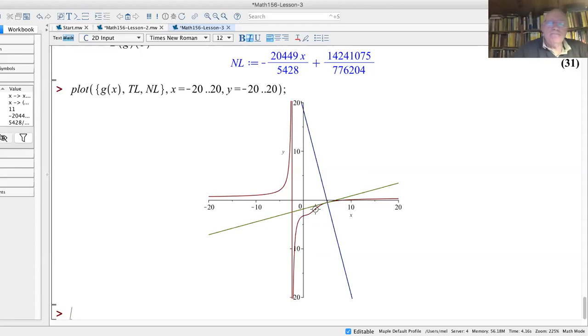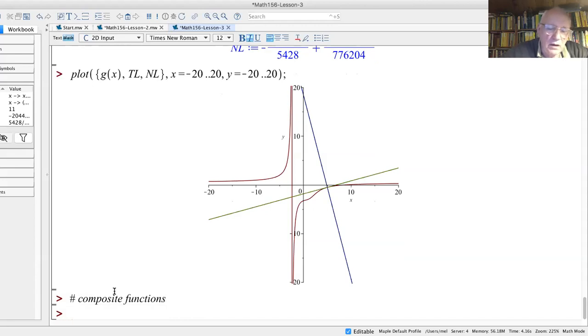Okay. Let's go back to learning how to do derivatives. Suppose we want to define a composite function. So let's see. Suppose I have the function f, x goes to x squared.